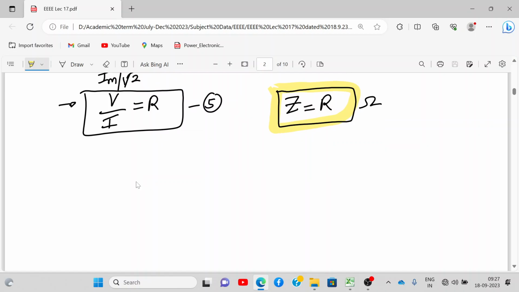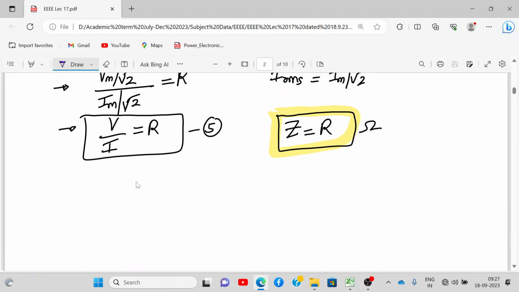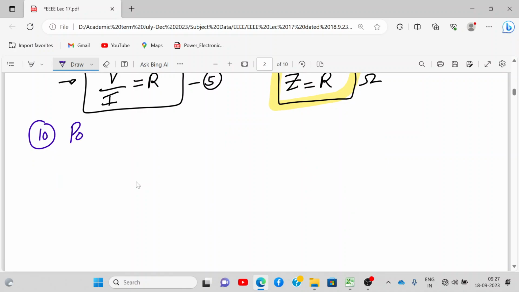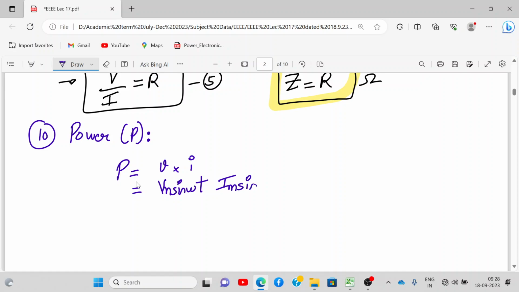What will be power? Now that I am writing in blue color, point number 10. What will be instantaneous power? It will be V into I. And what is V? Vm sin omega t. What is I? Im sin omega t. So it will become Vm Im sin square omega t.